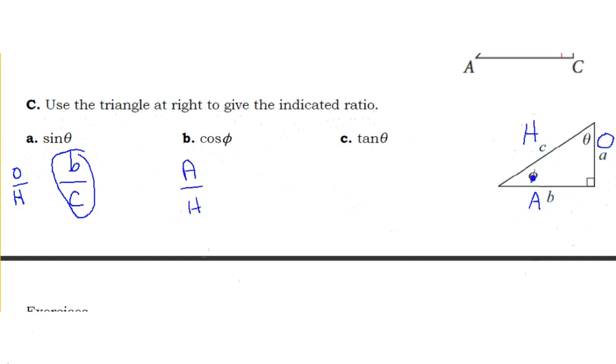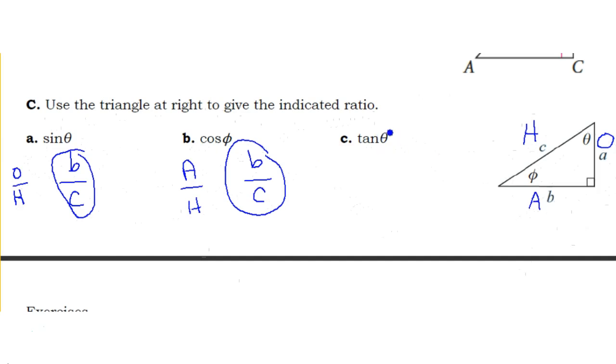The side adjacent to phi is side B. The hypotenuse of the triangle is C. So the cosine of phi is B over C. If we notice that the sine of one angle and the cosine of the other angle are exactly the same, that's why cosine is the partner of sine.